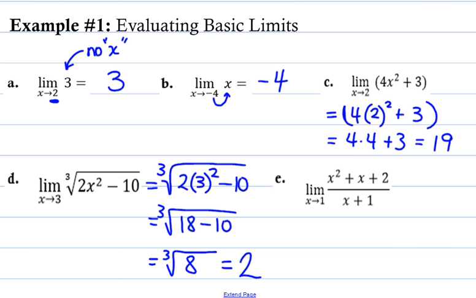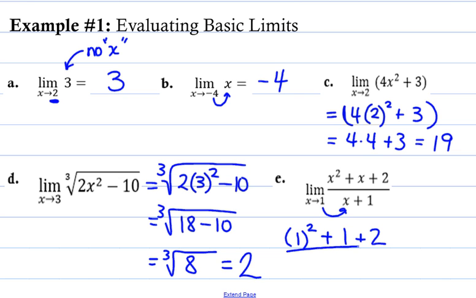E, it's a rational function, right? It's a fraction, no big deal. If I plug in 1, will anything bad happen to the denominator? No, we're good. I can plug in. So I'm going to write it down here. Plug in the 1 squared plus 1 plus 2.